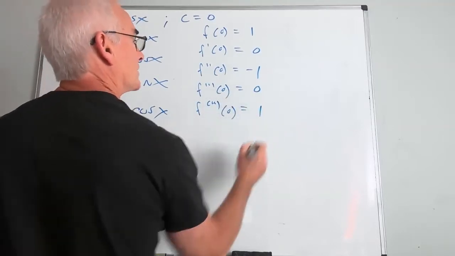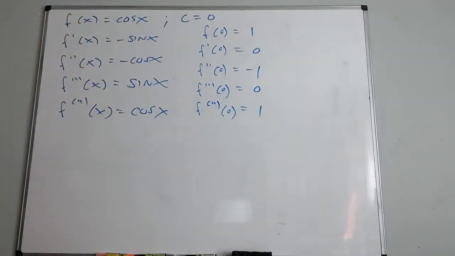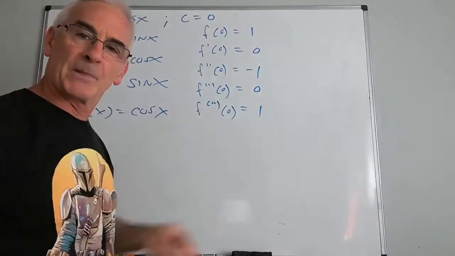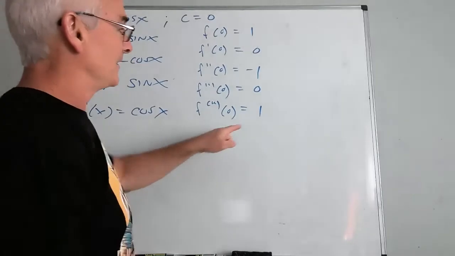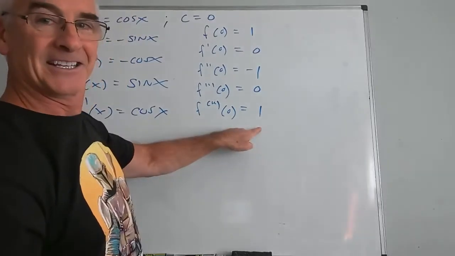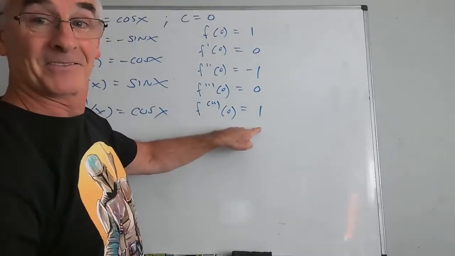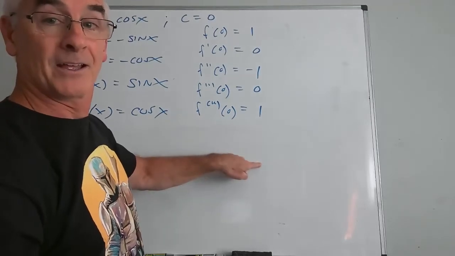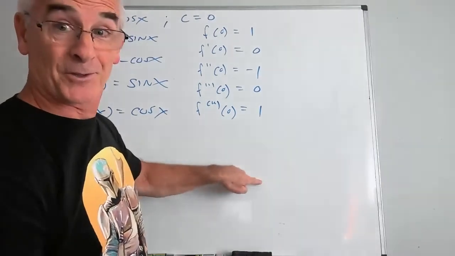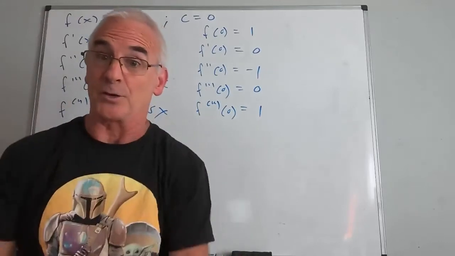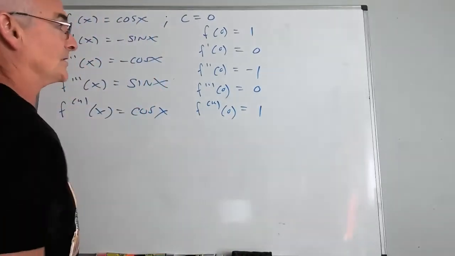Now I'm back to cosine of 0. What do you think the next few are going to be? Anybody want to try? 5th, 6th, 7th, 8th. What's the next one going to be? Oh, 0, then -1, then 0, then +1. Does everyone see this pattern will continue forever?